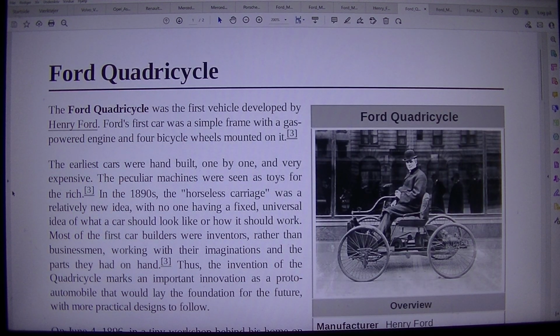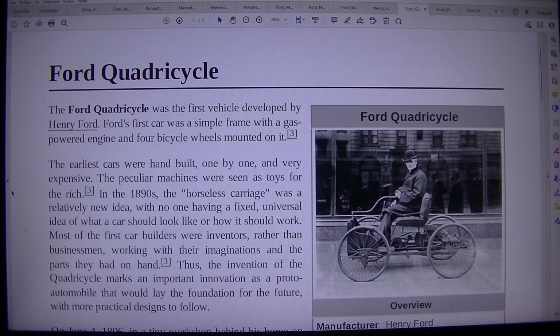Ford's first car was a simple frame with a gas-powered engine and 4 bicycle wheels mounted on it. The earliest cars were hand-built, one by one, and very expensive. The peculiar machines were seen as toys for the thrifty. In the 1890s, the horseless carriage was a relatively new idea, with no one having a fixed, universal idea of what a car should look like or how it should work.